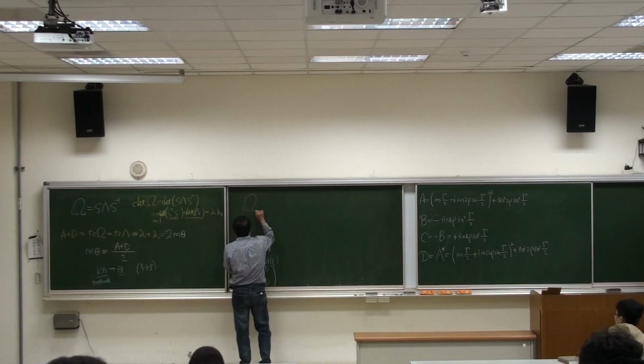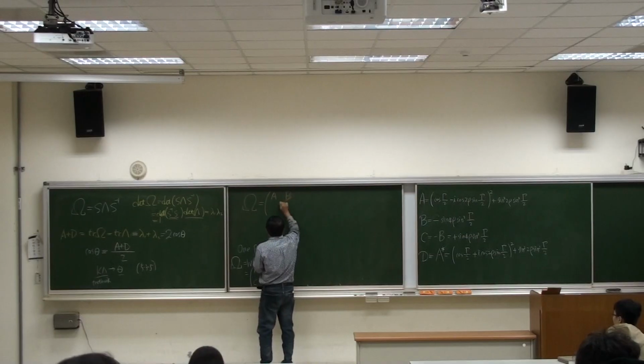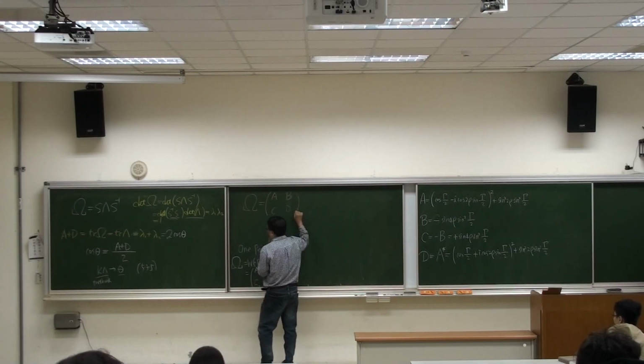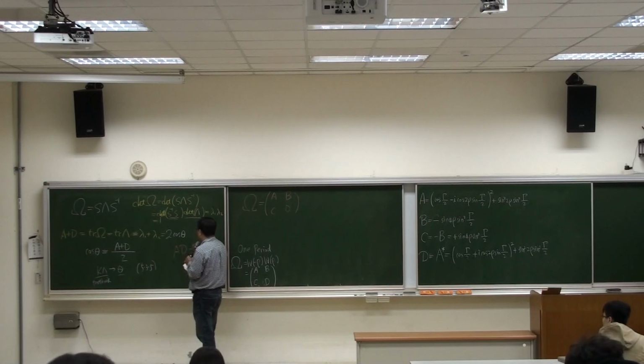We have capital omega equal to A, B, C, D. And remember, we have this restriction, AD minus BC is equal to 1.